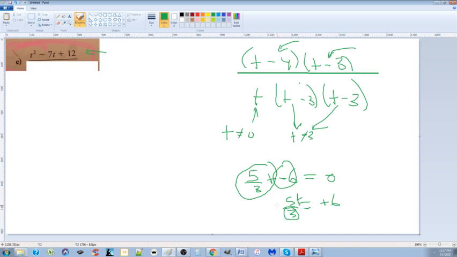We got to get rid of that 3, so let's multiply by 3 on this side, and they get rid of each other, and that's multiplied by 3 on this side. So that's 18. Now we're just left with 5t. We divide by 5, and this would be the answer, that t cannot equal 18 over 5. It's complicated, but there you go.